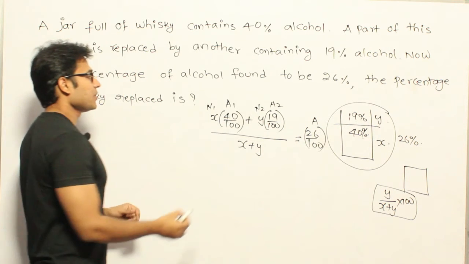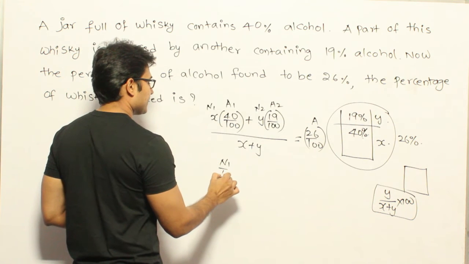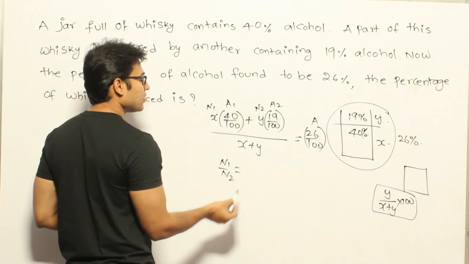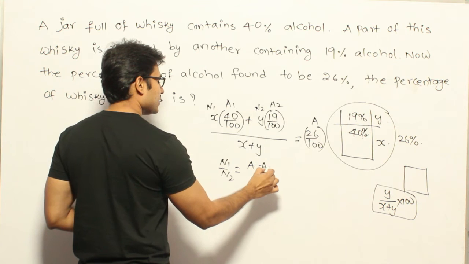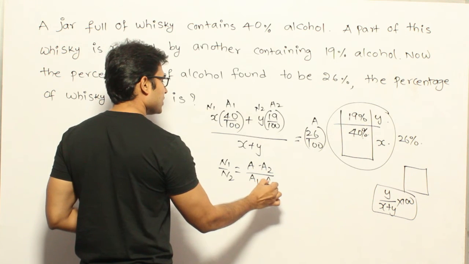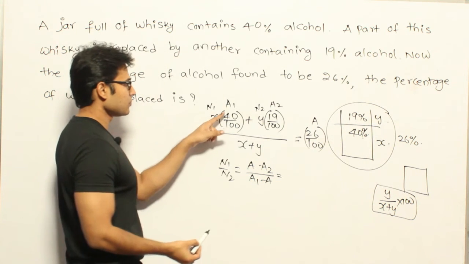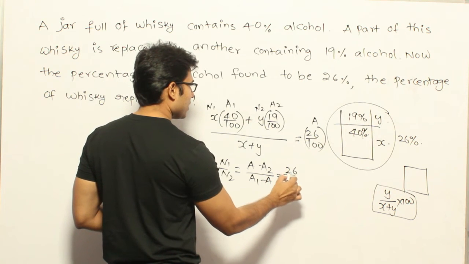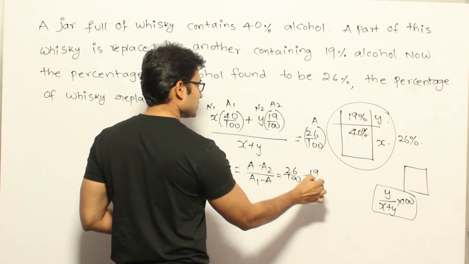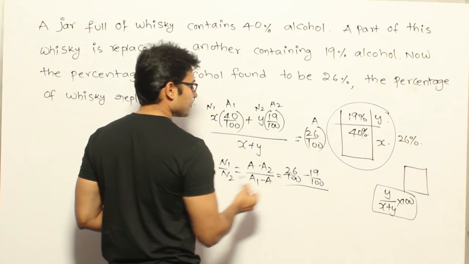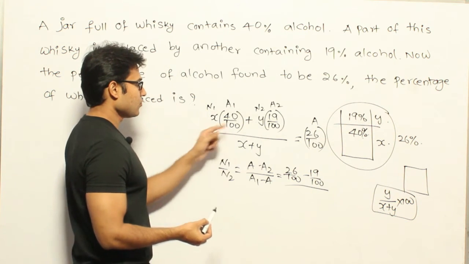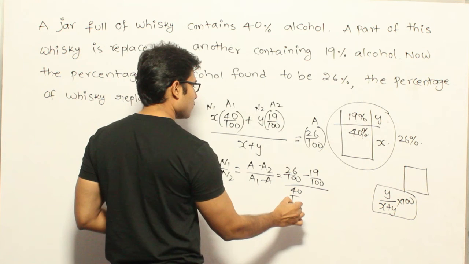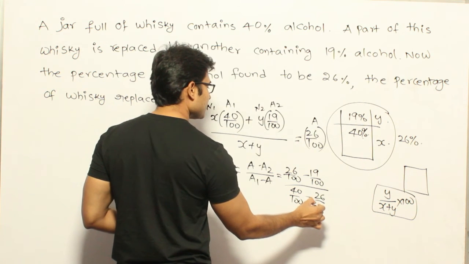Now you can apply N1 by N2 equal to A minus A2 divided by A1 minus A. So A is 26 by 100 minus A2 which is 19 by 100, divided by A1, which is 40 by 100, minus 26 by 100.